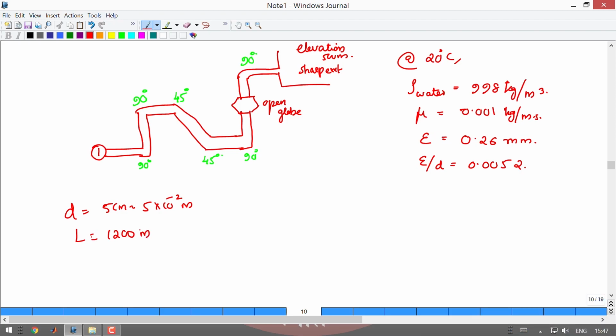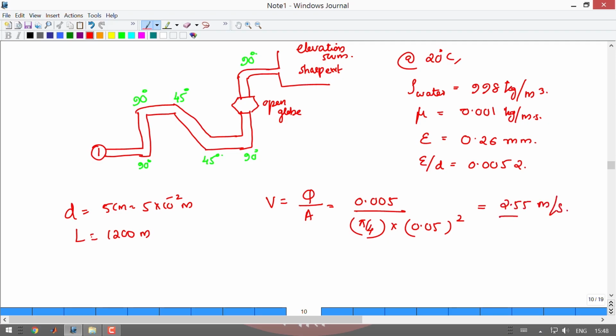If we know the flow rate, we can calculate the velocity, and from that we can calculate the Reynolds number. So, velocity V equals flow rate divided by area. In the question, flow rate is given, which is equal to 0.005 divided by area equal to pi by 4 D square, with D 0.05. So, velocity will be equal to 2.55 meter per second, and from that we can calculate the Reynolds number.